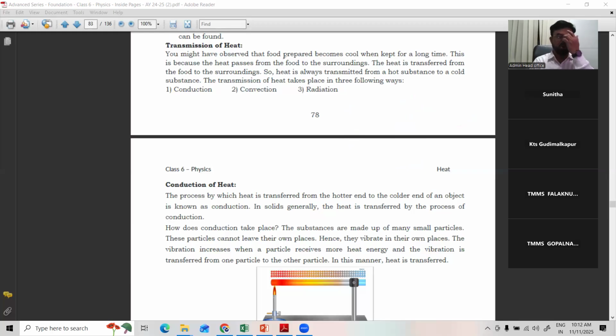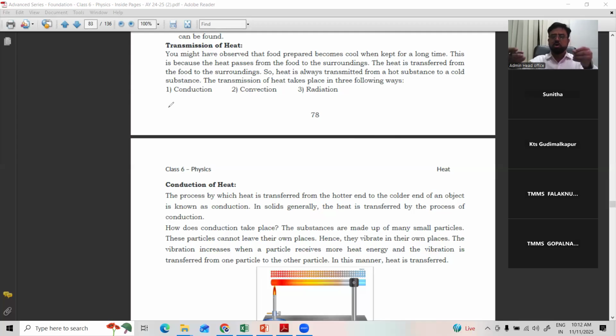You might have observed that food prepared becomes cool when kept for a long time. This is because the heat passes from the food to the surroundings. The heat is transferred from the food to the surroundings. So heat is always transmitted from a hot substance to a cold substance.